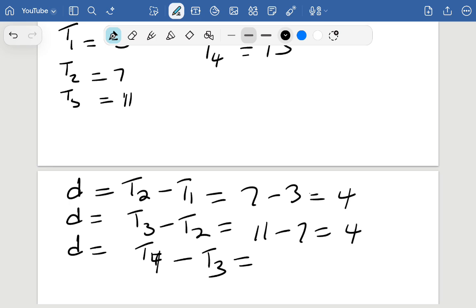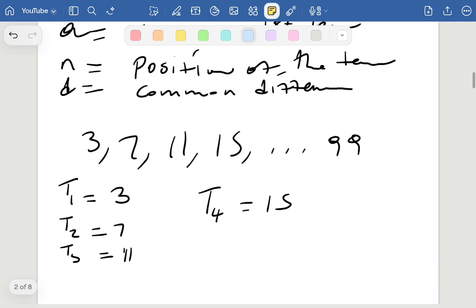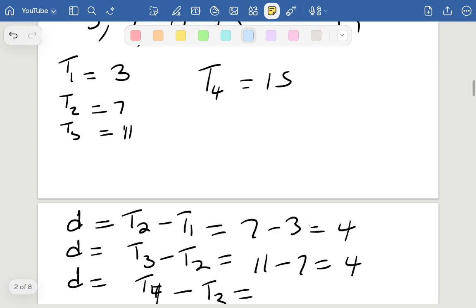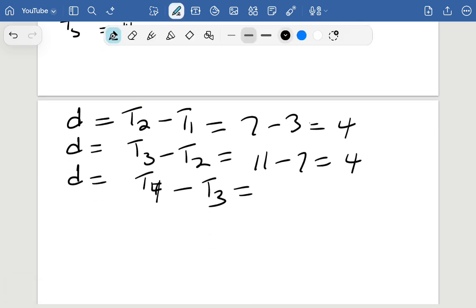Now the last one is T4 minus T3. Our T4 is 15, T3 is 11. So we're going to say 15 minus 11, and the answer is 4.